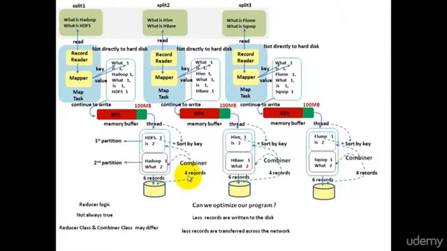This is really a good performance gain. So combiner function is called after partition and sorting is done. Only after going through all these activities, the records are written to the disk.